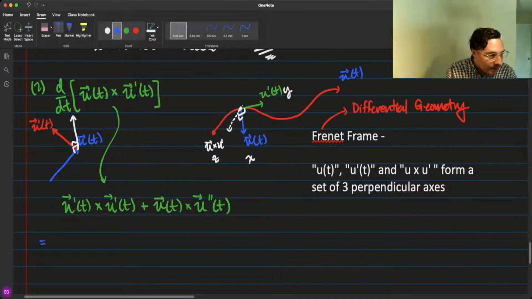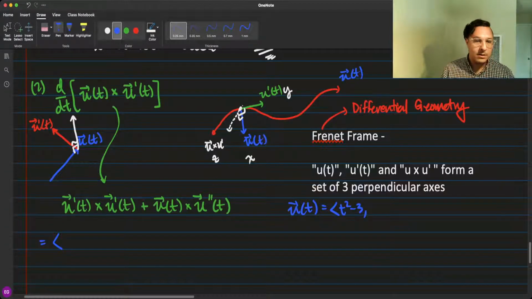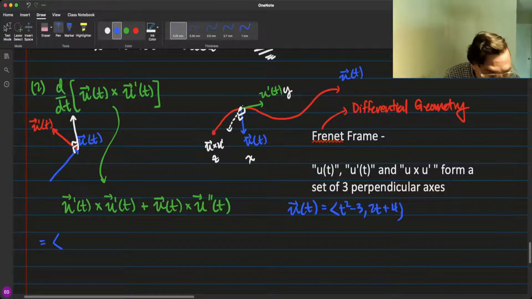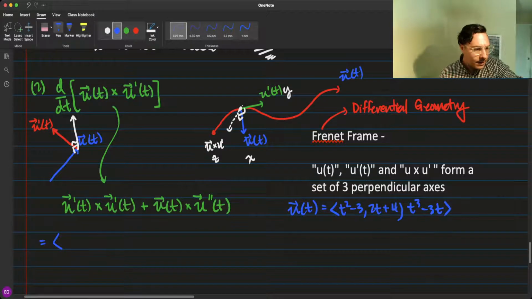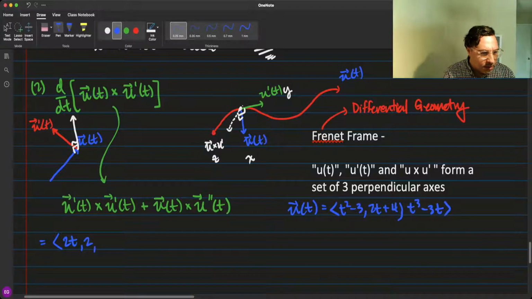So let's set it up with component form. What was our u of t here? Our u of t, just write it here so we can see it, was t squared minus 3, 2t plus 4, comma, t cubed minus 3t. Okay, so if you take the derivative, you're going to get 2t, comma, 2, comma, 3t squared minus 3.